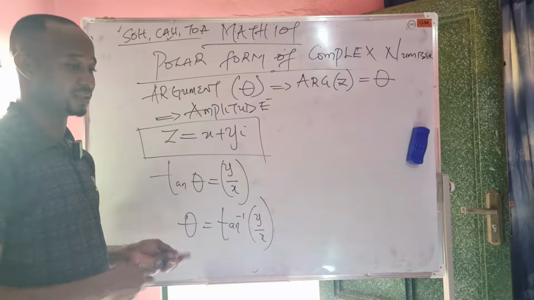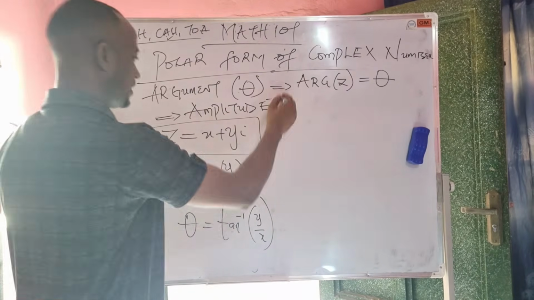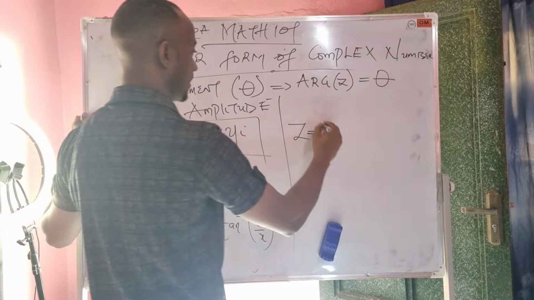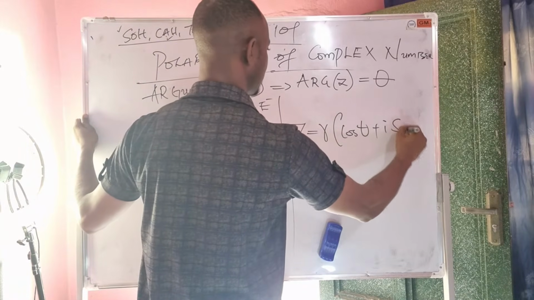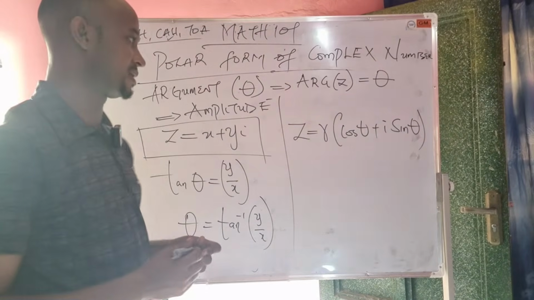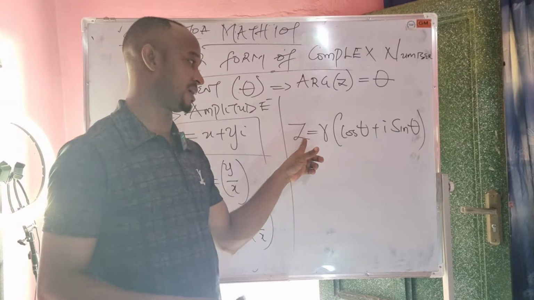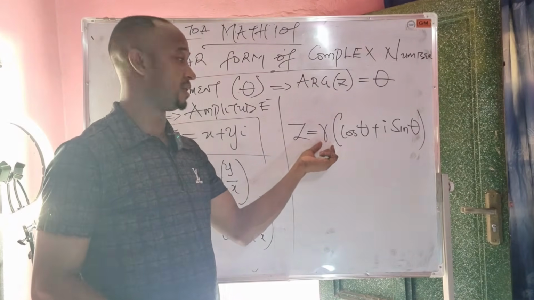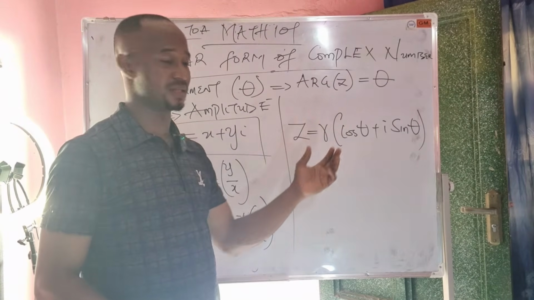I will explain this, but just take note that if I have a polar form, rather, which says r cos theta plus i sine theta, that implies that z represents the complex number in polar form. r represents the modulus, or the length of z.